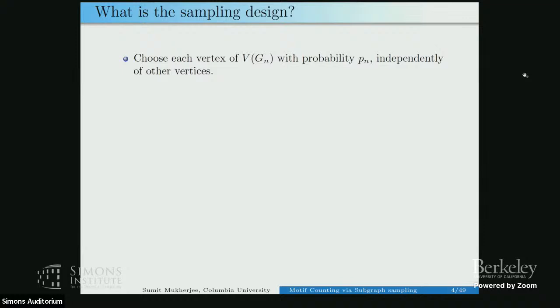All of this works for p_n equal to p fixed as well, but the interesting case is when p_n is sparse. So you decide whether that vertex enters your sample or not, and when you decide which vertices enter your sample, you just take the induced graph on those vertices. So you have a big graph, you choose a bunch of vertices by this, and then just look at the edges between them. So that's your sample graph. That's it. By construction, your sample graph is a subgraph of your big graph.